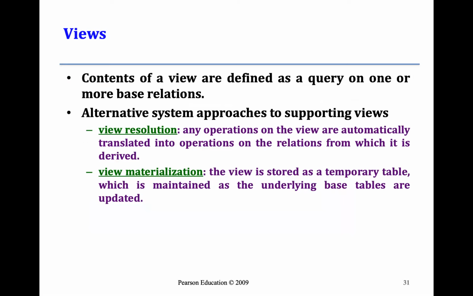They can either immediately figure out how to generate that view by translating it into operations on the underlying what we call base relations, which are physically stored in a file somewhere, or we can do what's called view materialization, where we cache it as a temporary table.